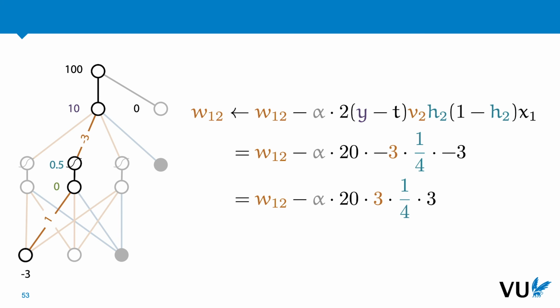Because of these two negatives canceling out, we end up subtracting again. In short, we want to lower y, which means we want to increase the value of h2, because that one is multiplied by a negative value. Therefore, we want to decrease the weight W12, because x1 contributes negatively to that weight, and we want to increase it. So these two negatives cancel out, and we end up doing a gradient descent step again by subtracting.